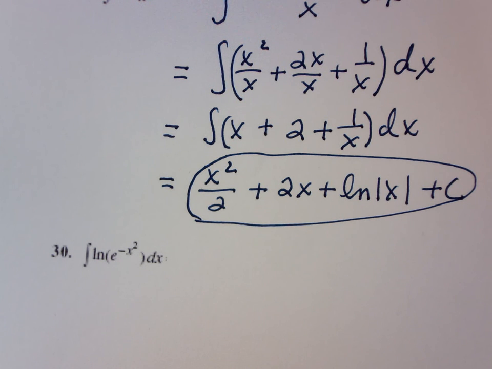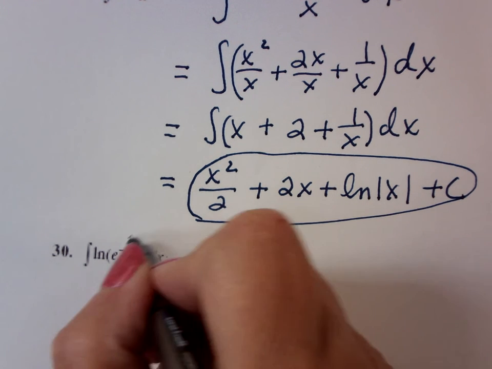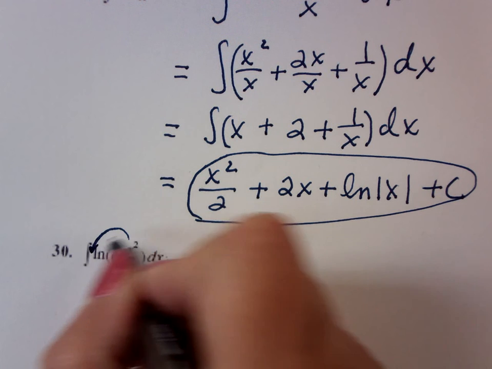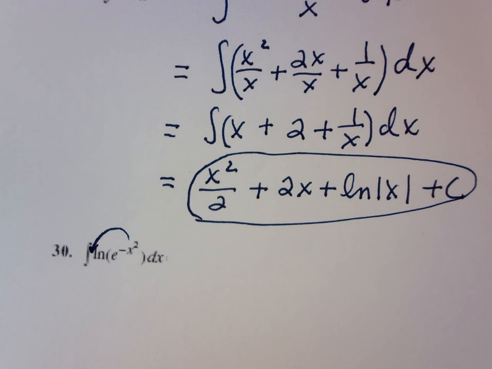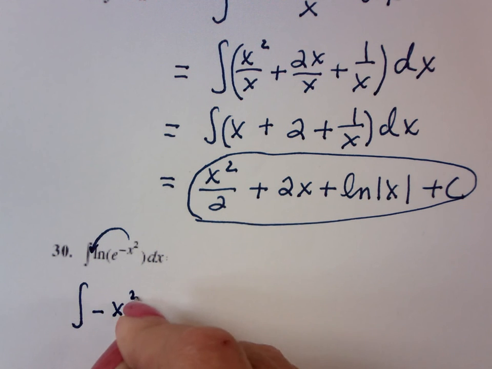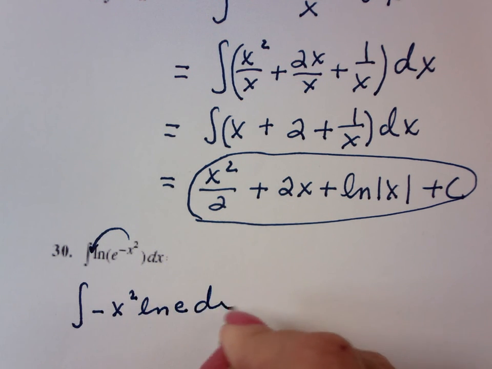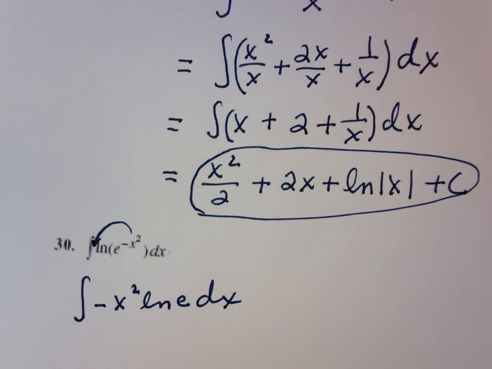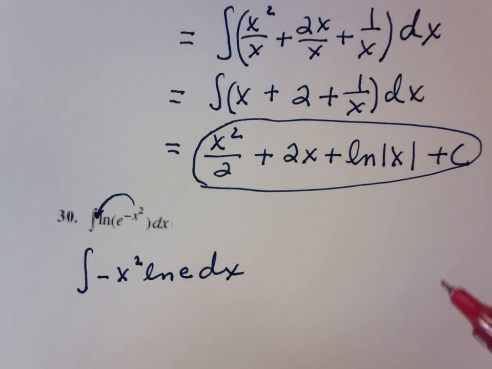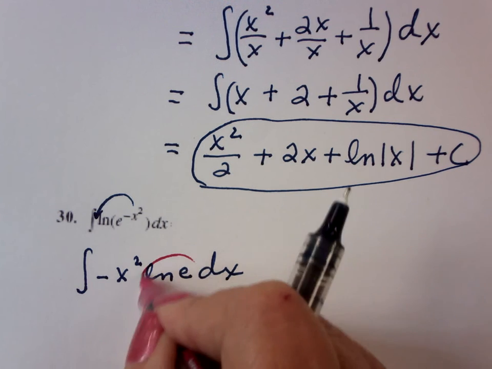Bring what to the left? Negative x squared. Yeah. Property of exponents, logarithms. Bring the exponent down. This is the integral of minus x squared natural log of e dx. What do you know about the natural log of e? 1.